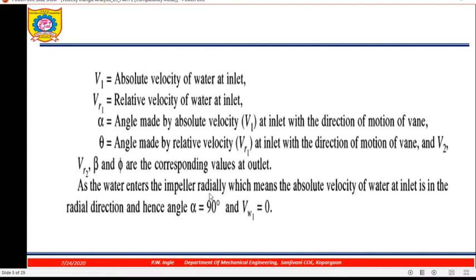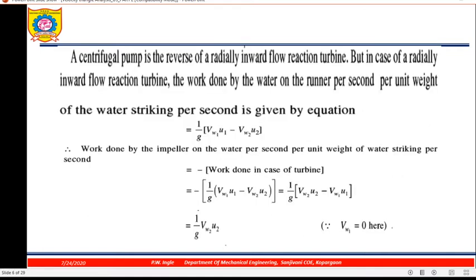Now as the water enters the impeller radially, it means water directly enters at the eye of the impeller. So the absolute velocity of water at inlet is in the radial direction. So alpha is 90 degree and VW1 is 0. Now the centrifugal pump is the reverse of a radially inward flow reaction turbine.